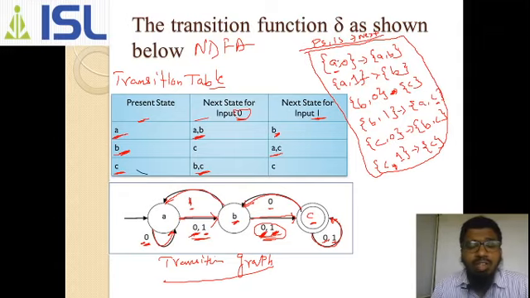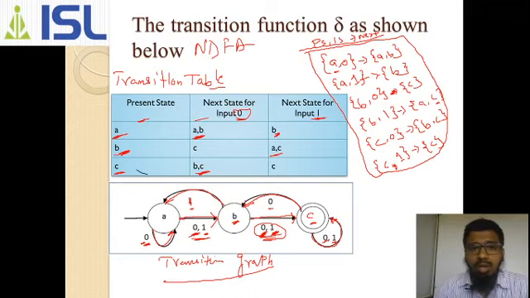What is the advantage of this? If you do this, you will know which state will come after this, and which state we get if we go in this. So this is a transition table, this is a transition graph.